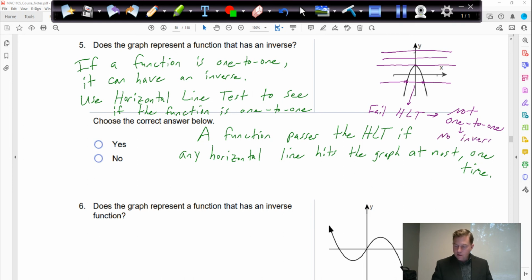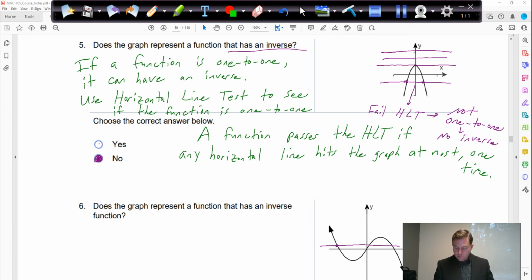So a lot going on there, but it's a simple test to run. So does it have an inverse? No, because it failed the horizontal line test. Okay, so even though my camera view is covering up a bit, if we do 6 right away, I can just draw one line right there.